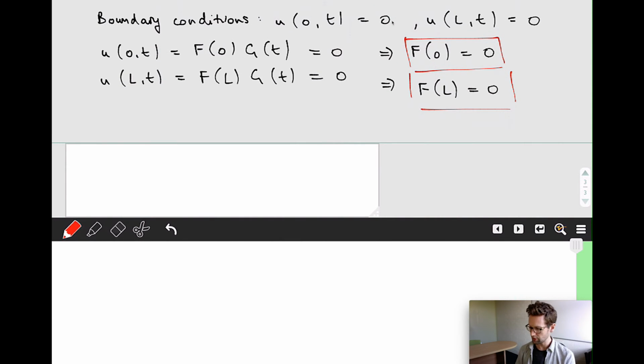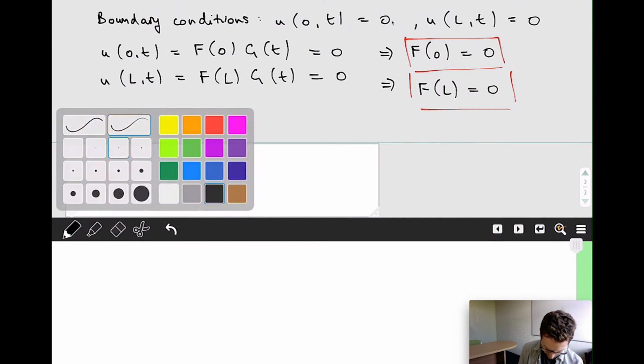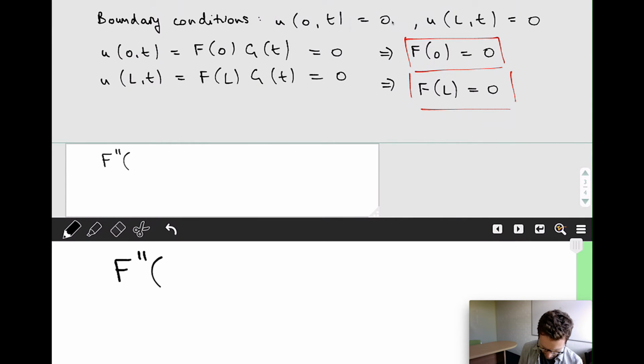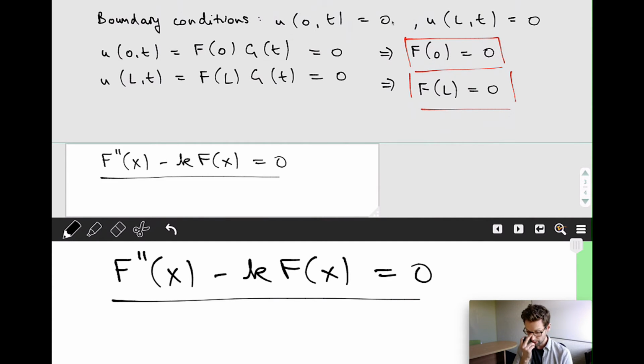Now we need to consider the different possibilities for k. Let's write down the equation we're solving again. So we're solving the equation f double dash x minus k f of x is equal to 0. And we don't know what the value k is.